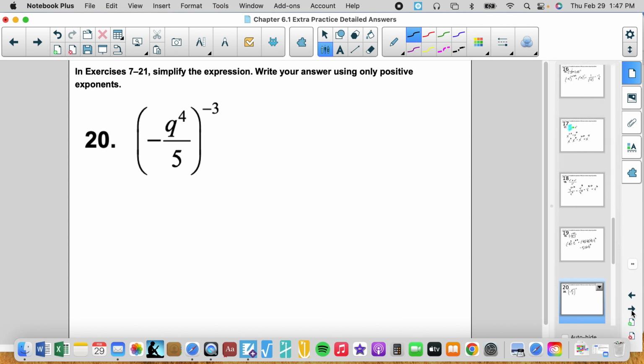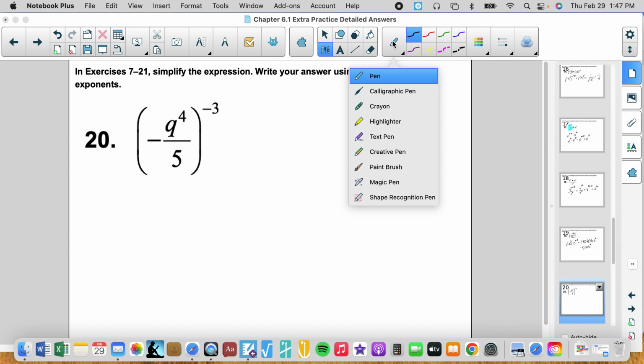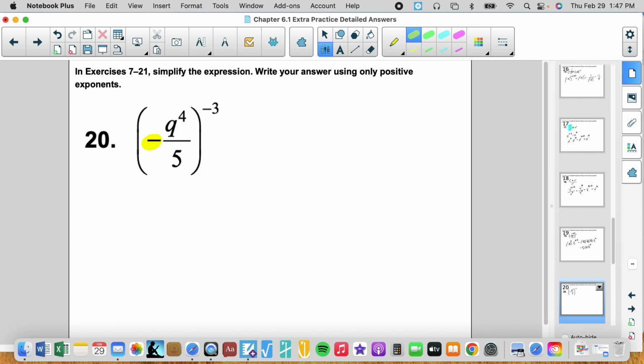Here's a trick one. So there are 3 things inside this parentheses. There's a negative, there's a q to the 4th, and there is a 5. And we have the negative exponent. So we didn't talk about this too much in detail, but if we want to get rid of the negative, we're going to change the sign, change the location, also known as taking the reciprocal.